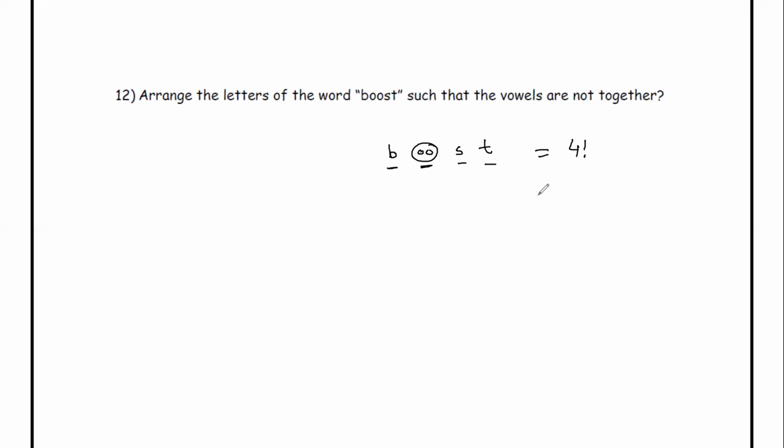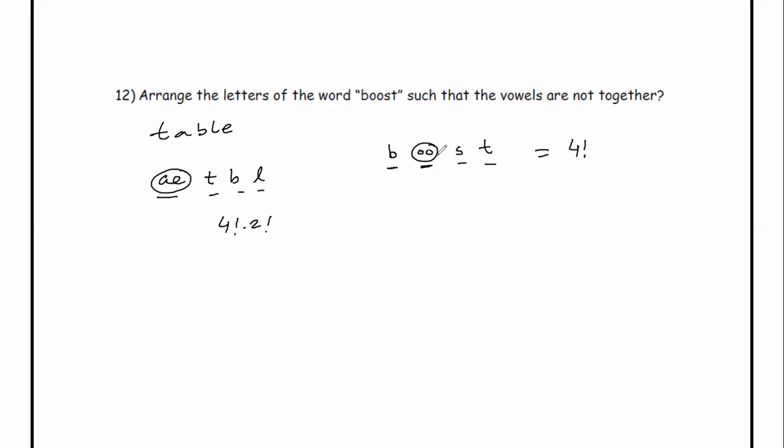Now, the question is that the two O's are identical, right? Like in the previous case where we had table and the vowels are to be together, A and E, when we arranged AE as one dash and TBL, we could write it down as 4 factorial into 2 factorial because the A and E can be interchanged.